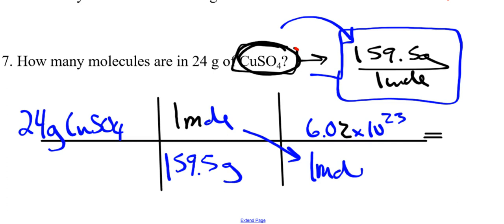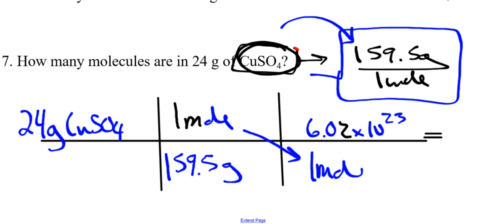What I'd like you to do for the next 10 to 15 minutes is continue this process by doing problems number 67 through 71 on the very back page of your lab book. All of these are exactly the same. If they're given to you in moles, you would just multiply that number by Avogadro's number.